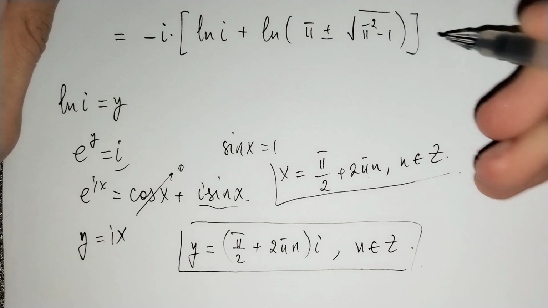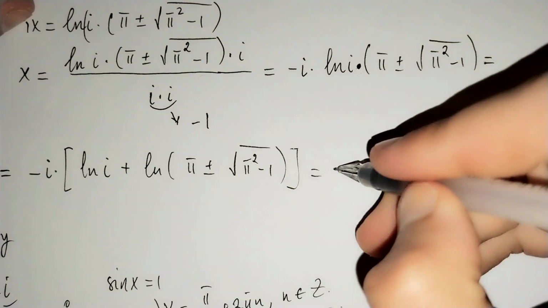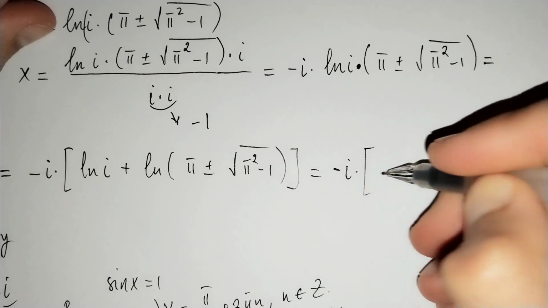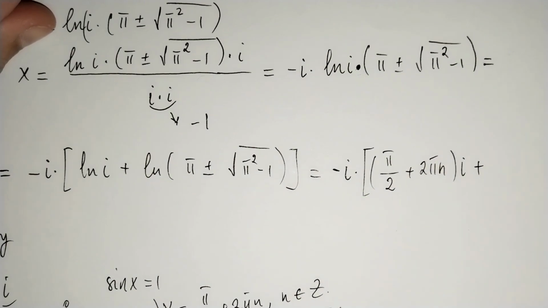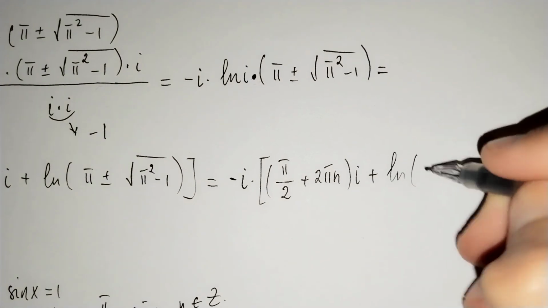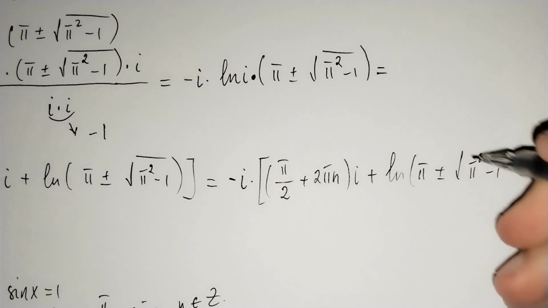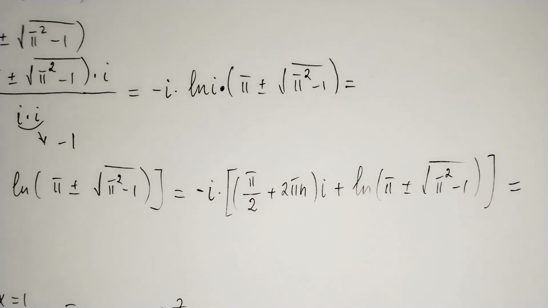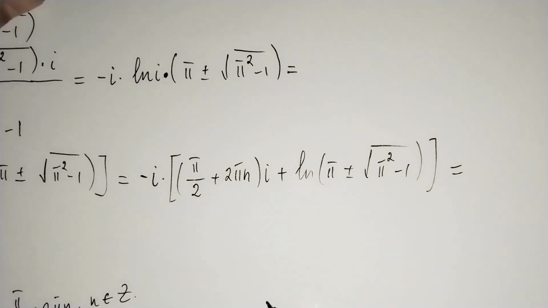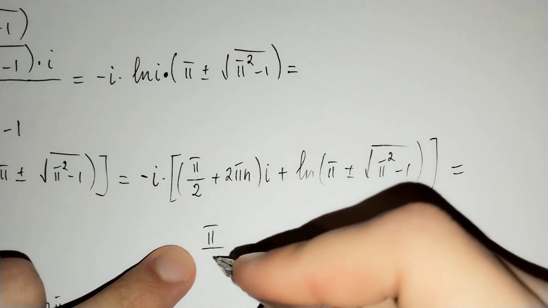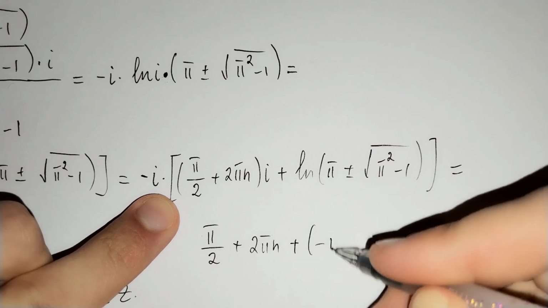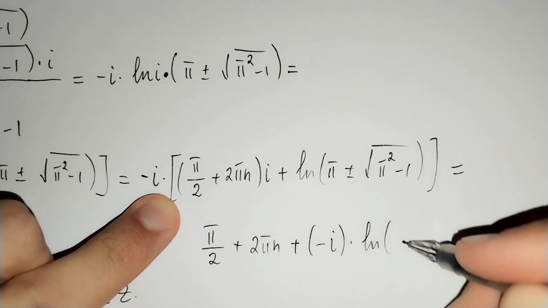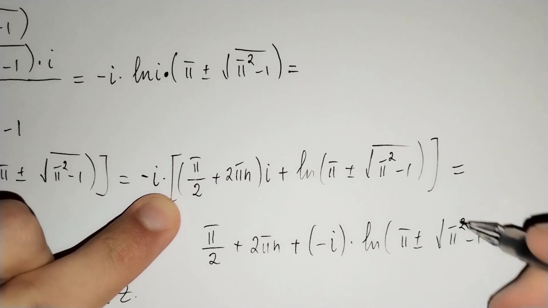And let's put this above. This is equal to minus i times pi over 2 plus 2 pi n times i plus ln of pi plus minus the square root of pi squared minus 1, and this is equal to, we know that i times i equals minus 1 and minus, here pi over 2 plus 2 pi n just remains, and plus minus i times ln of pi plus minus the square root of pi squared minus 1.